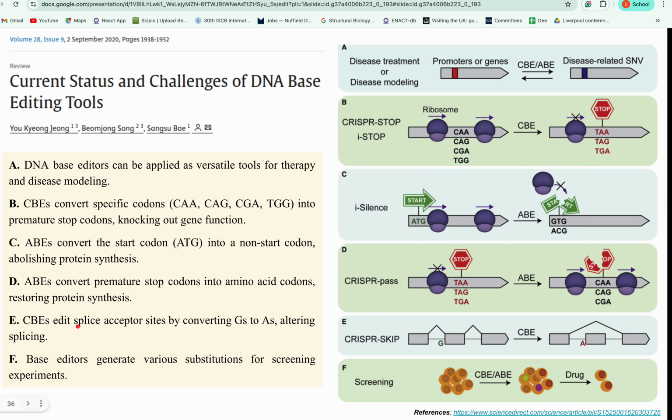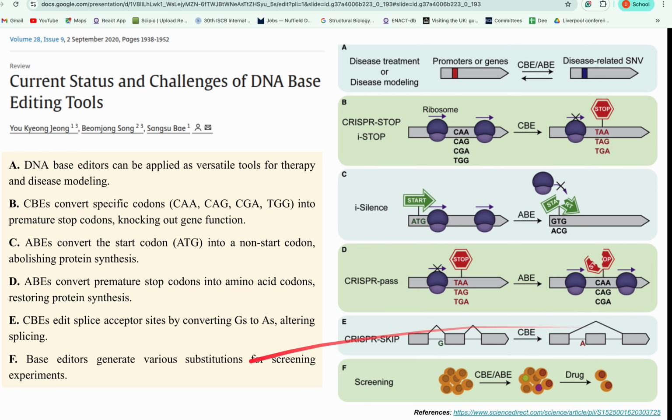Then we can use CBEs to edit the splice acceptor sites by converting G to A, altering the splicing. If G is changed to A, it will lead to skipping of this particular exon. In this case, where G was present, this exon was retained, but now the splice site which was recognized by the spliceosome is not present, so the spliceosome will not recognize it and will skip this exon.